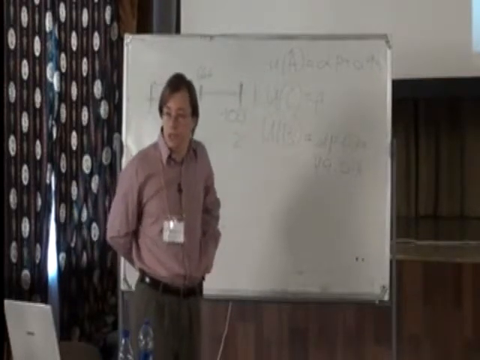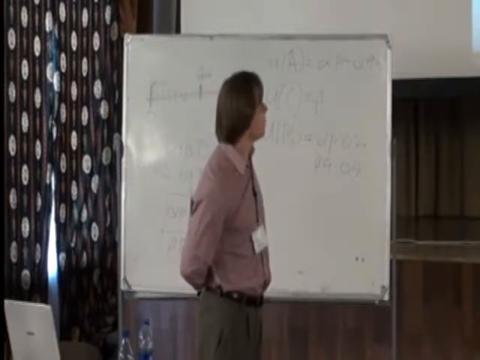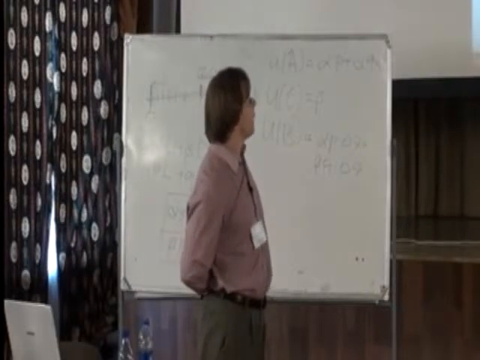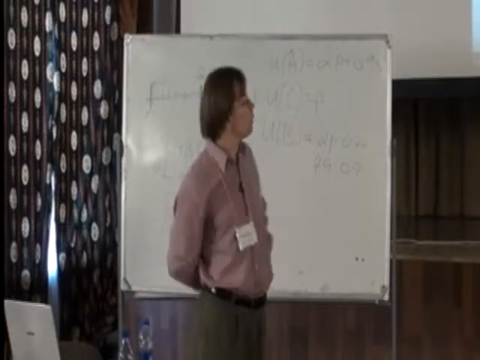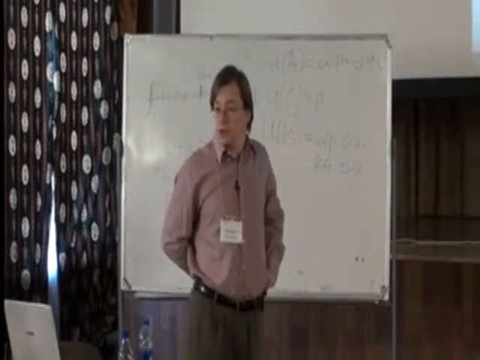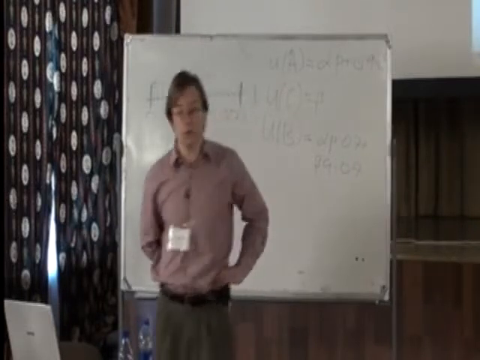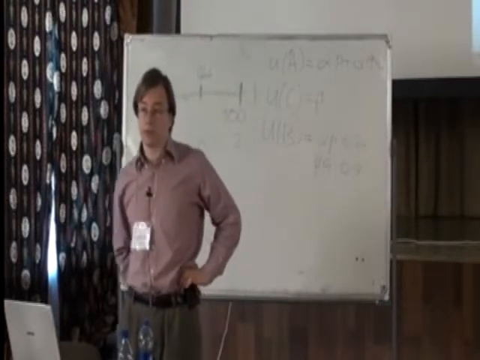So strategy B actually performed better than A. So maybe strategy C dominates B, but we can do the same. We look at UL. UL gives you 0 if you play C, and UL gives you 0.7 if you play B.